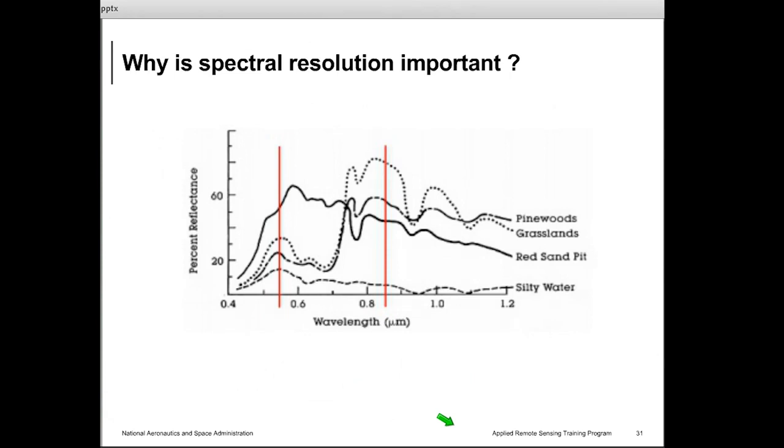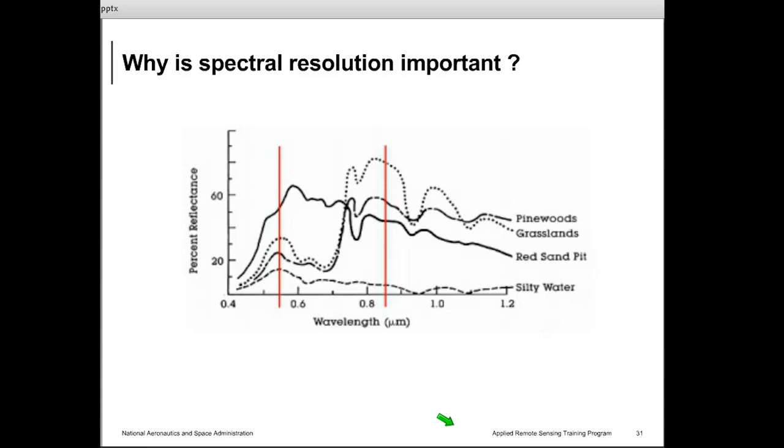Here is an example of why spectral resolution is important. If you want to get information about a specific geophysical quantity on the Earth or in the atmosphere, then depending on its spectral behavior in its interaction with incoming solar radiation, you will need a different type of spectral resolution.